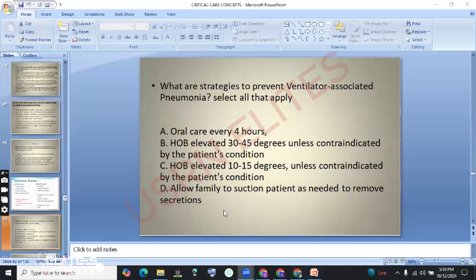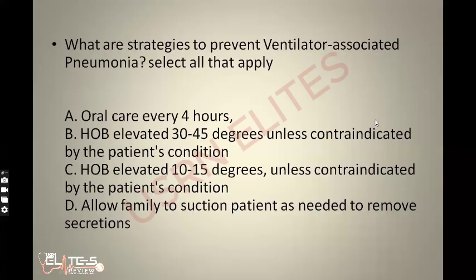Okay, I will start from option D coming up. I'm saying that the procedure is not a simple procedure. You wouldn't even allow a UAP to do suctioning, let alone allow the family members to do it. So that one is out. Then the number C, the bed position is not supposed to be 10 to 15 degrees. So that one too is out. Then the number B, I think the degree of the bed is appropriate for a client with such a condition.